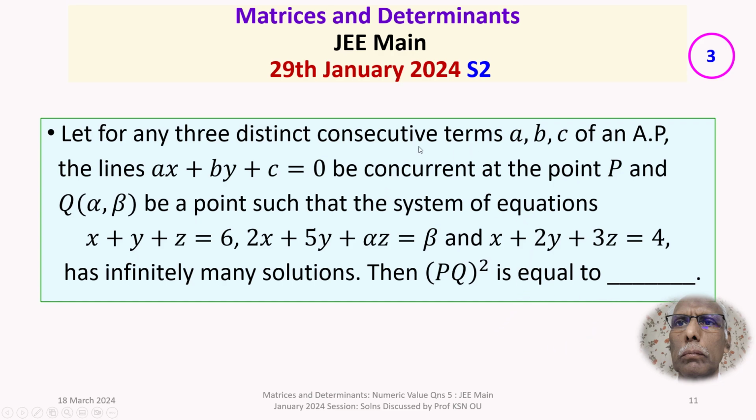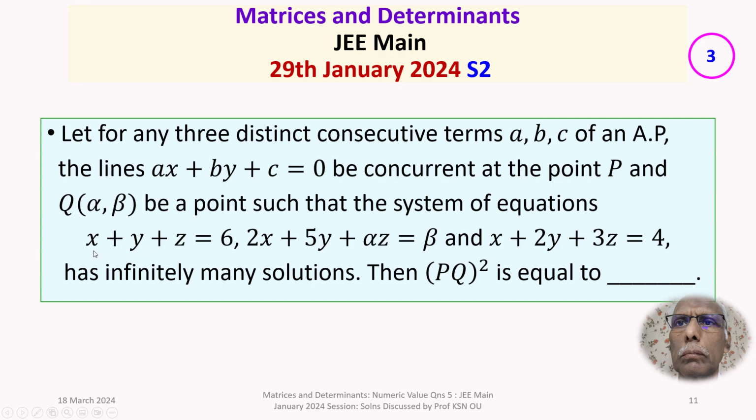So it is given that for any 3 consecutive terms A, B, C of an AP, we get a system of equations AX plus BY plus C, and it is given they are concurrent at the point P. So find out the coordinates of that point P. Agreed.